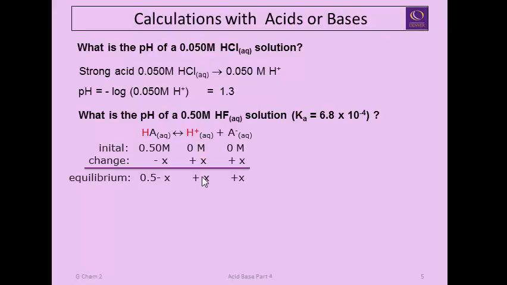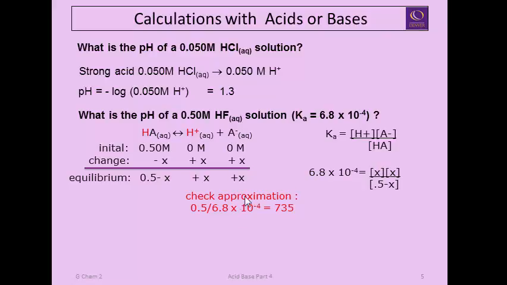So at equilibrium, they're going to be at these concentrations. If you set that into the equilibrium constant, which is the Ka, you can plug in the x and the 0.05 minus x, but then remember the approximation.